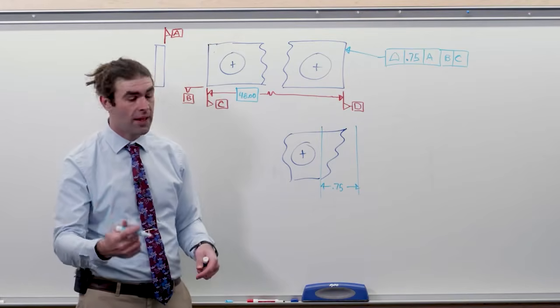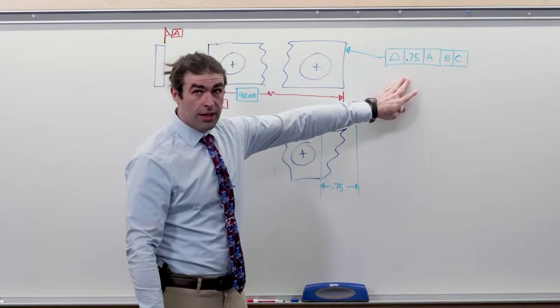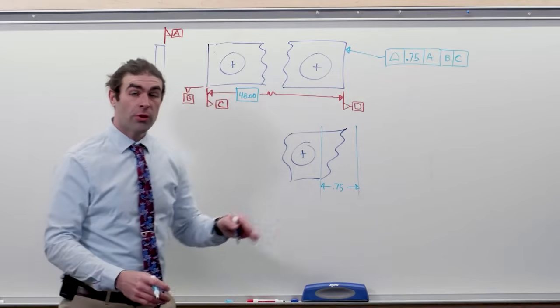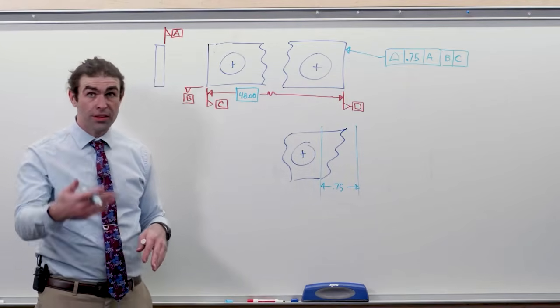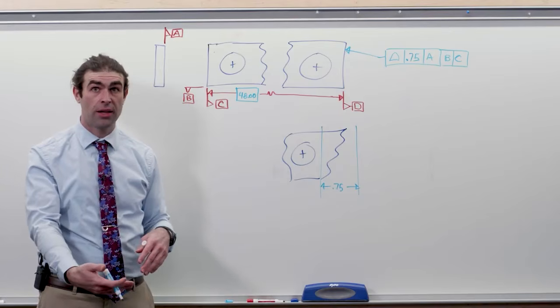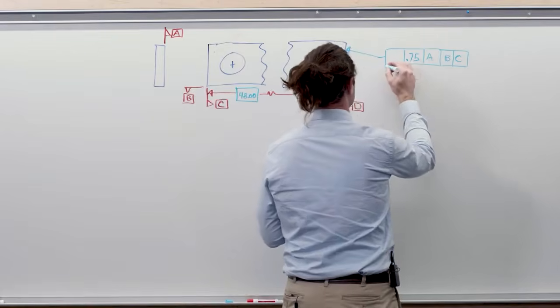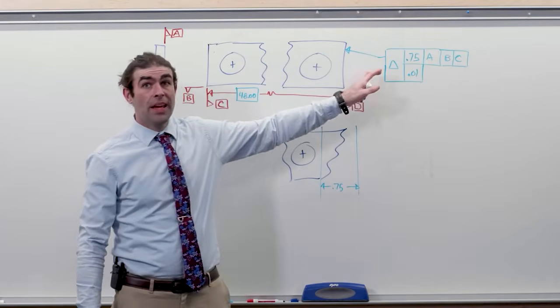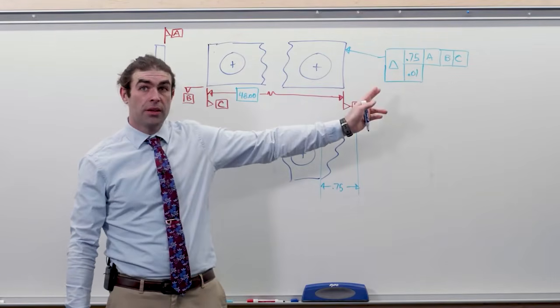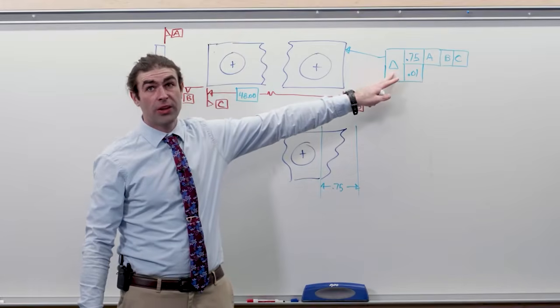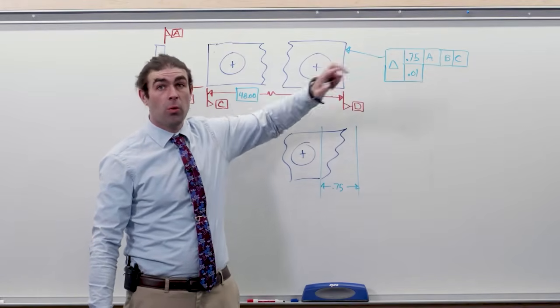So the way we're going to do that, we're going to leave this, but now we're just going to measure the flatness of that surface, right? So we've got this 3/4 inch, let's flatten it up. What I've done is made this a composite profile. So one geometric characteristic symbol with more than one segment.